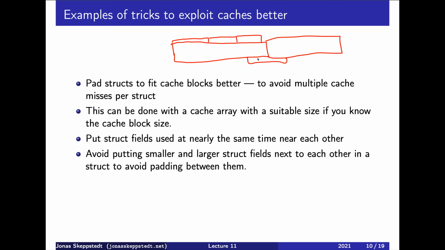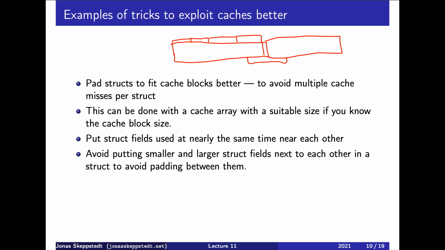These three don't fill a cache block, but say 4 instead, that they have this size. Now the fifth struct will start here, and unfortunately we need to access it from 2 different cache blocks.